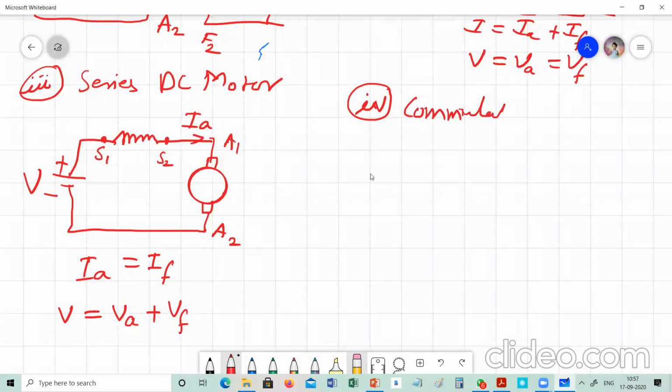The differential motor is not used, because the field is weakened in that motor, so the torque developed in the differential compound motor is very low.